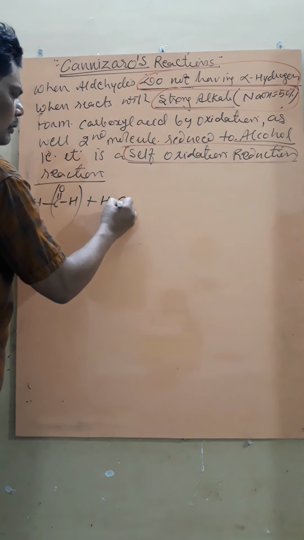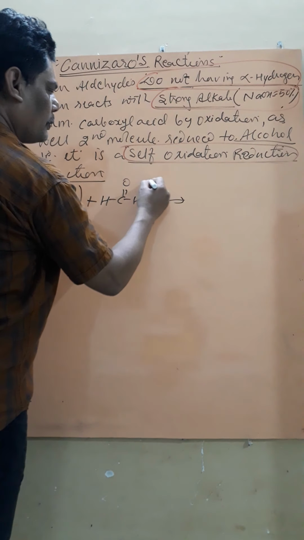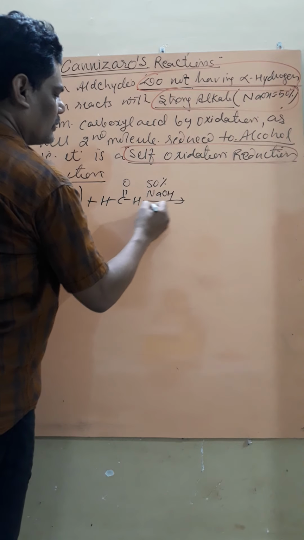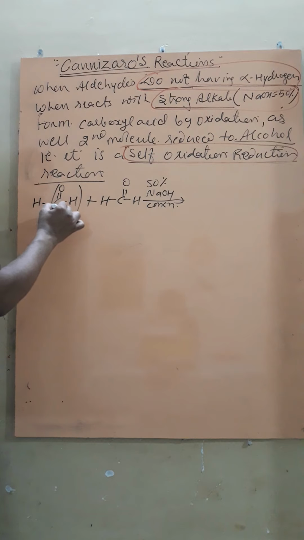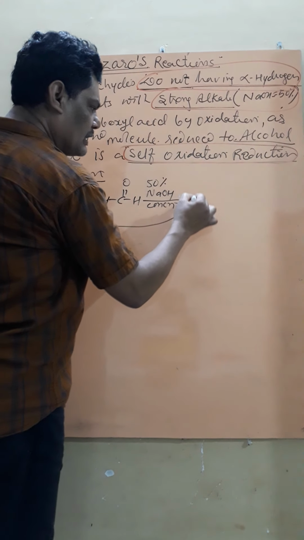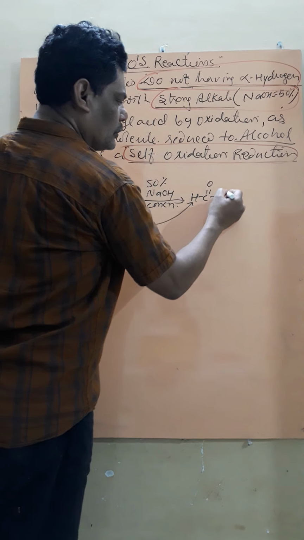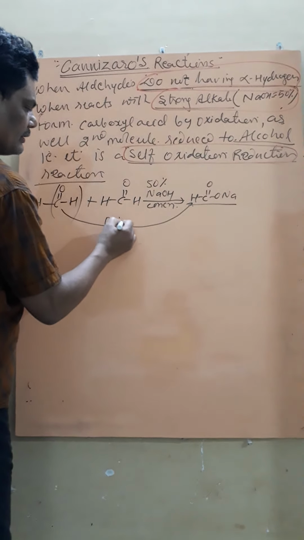Similarly, one more molecule, HCHO, in presence of 50% NaOH. That is what you can call concentrated NaOH. One of the molecules is getting oxidized to carboxylic acid. Very first it actually forms HCOONa. This is called oxidation.